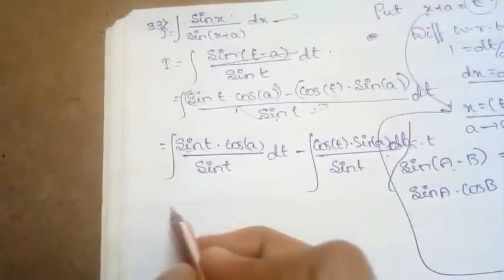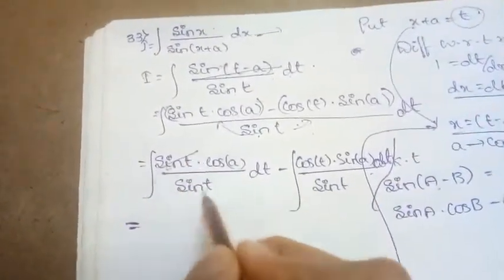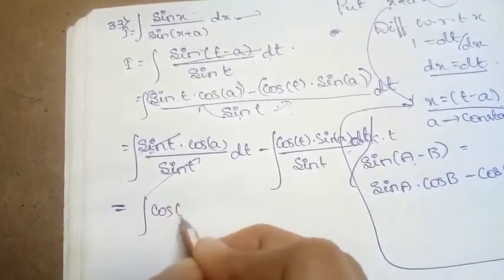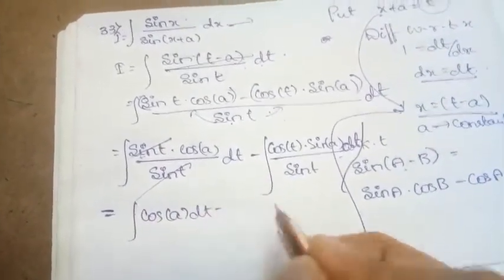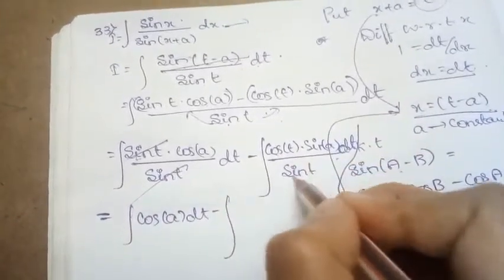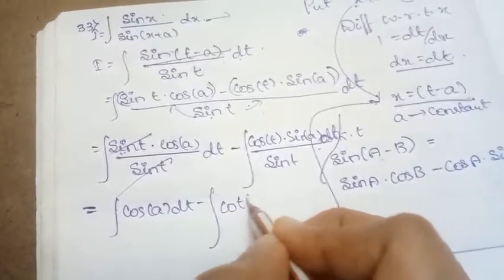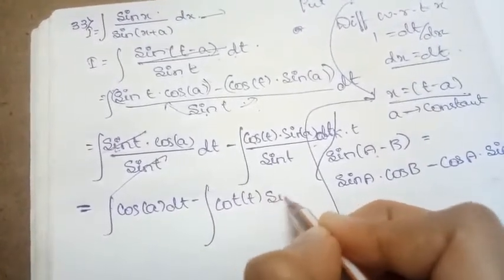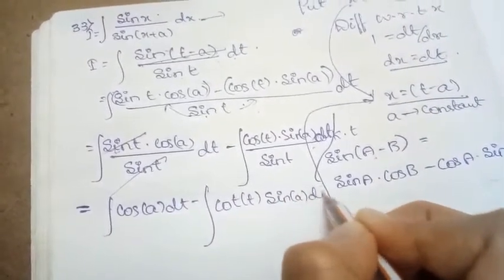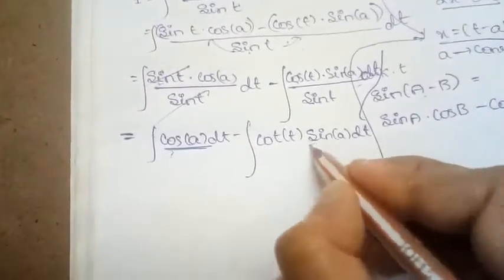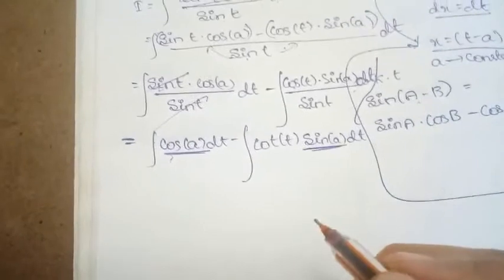Now clearly sin t gets cancelled, so the integration of cos a dt minus, here cos by sin is nothing but cot t into sin a dt. Now clearly cos a is a constant, and sin a is also a constant.